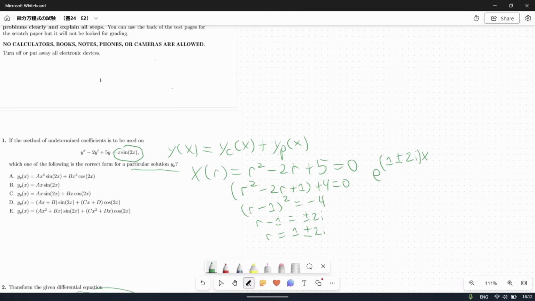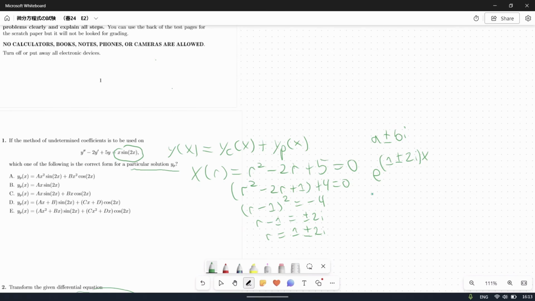So we know that a complex number has a real and an imaginary part, so a plus or minus bi. So in this case, a would be 1 and b would be 2. What you do is you split this up where you keep the real portion with the e term, and then you include the b term with some trigonometric functions.